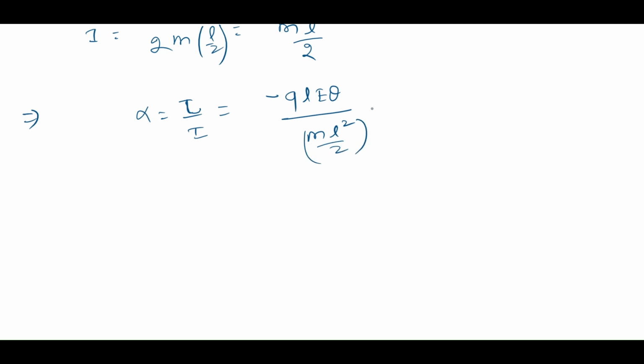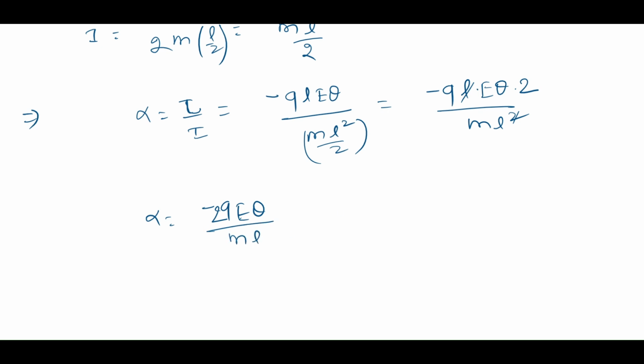So we can write minus Q L E theta into 2 upon m L square. Cancelling L, alpha is equal to minus 2 Q E theta upon m L. But for angular harmonic motion, the angular acceleration is alpha equals minus omega square into theta.